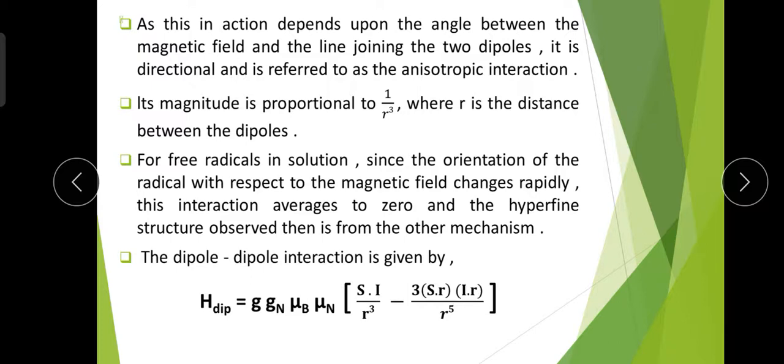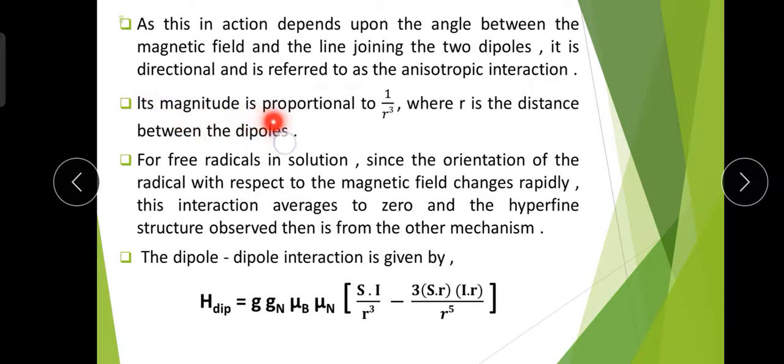That means if we consider this interaction in different directions or along different axes, then it has different values, or we get different energies corresponding to that interaction. So this interaction is referred to as an anisotropic interaction.